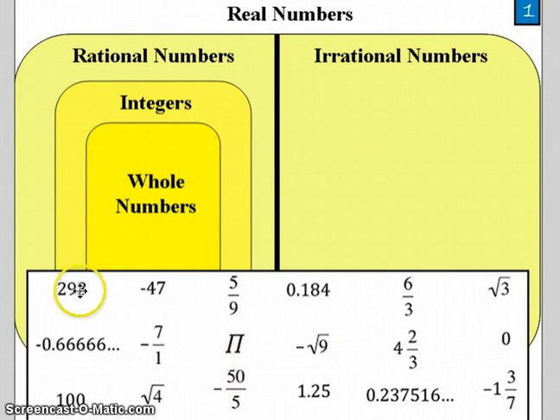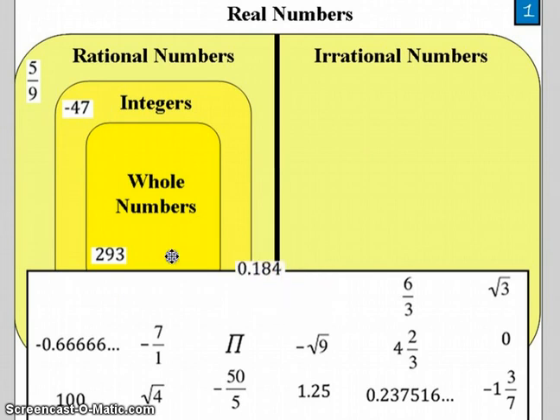So for example, 293, well, that's a whole number. -47 is not a whole number, though, because the whole numbers start at 0 and climb upwards, so -47 belongs here in the integers. 5/9, well, that's a ratio, but it's not an integer, it's not a whole number. 0.184, same story here. This is not a whole number, not an integer, but it does stop.